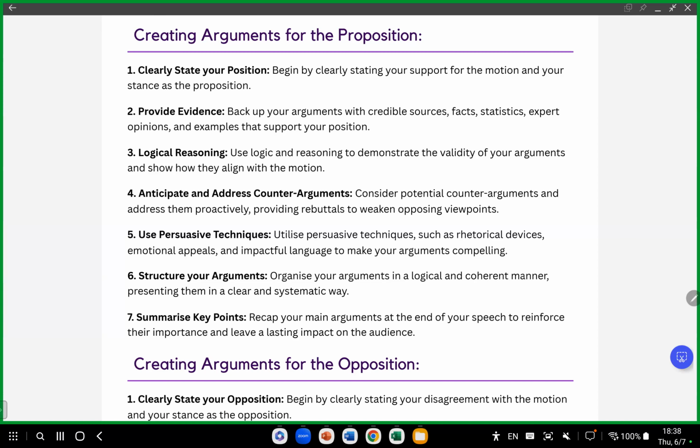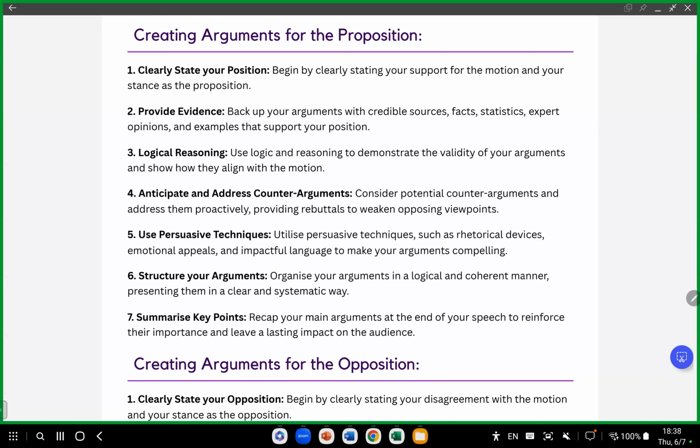Secondly, we need to provide evidence. Now, evidence is information from other people that we can use to back up our own arguments.